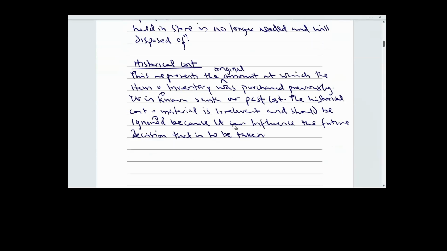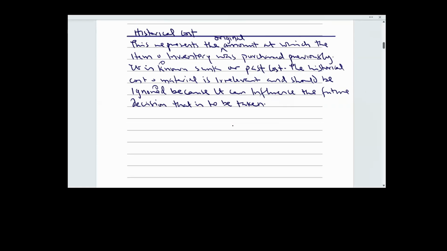Just ignore them, because they can't change what is to happen in the future. Anything that has happened in the past cannot influence the future decision that you want to take. These are the three key items that you need to take into consideration in your determination of relevant cost of material. Then let's talk about relevant cost of labor.